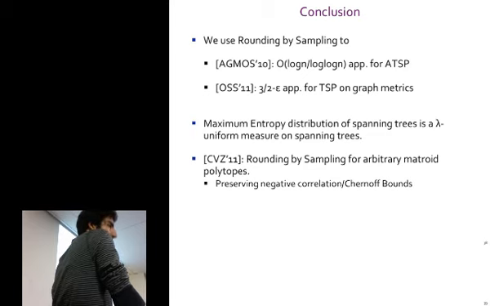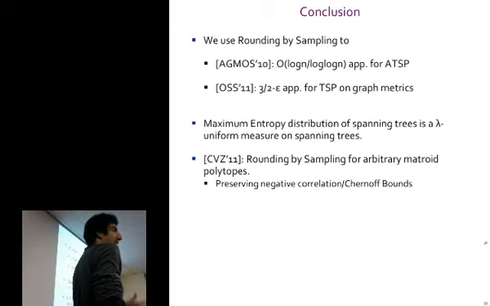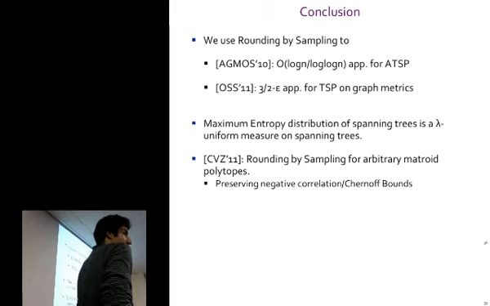Because you can at least say that every linear constraint on the edges or elements is going to be preserved in expectation. These methods can also talk about submodular functions on the elements.